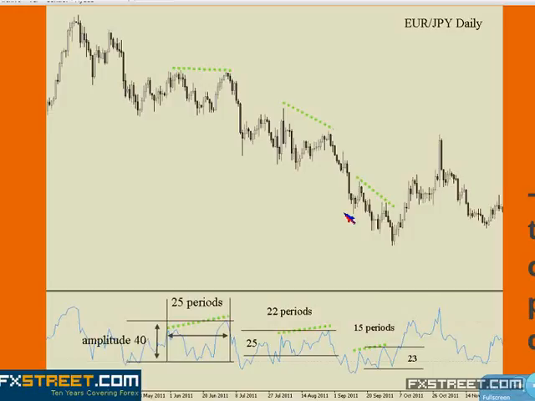Okay, and it's obviously not an easy situation in the beginning, because when you're selling here at that level, or just after that level, you are selling after an increase in price. Okay, and that is somehow counterintuitive.